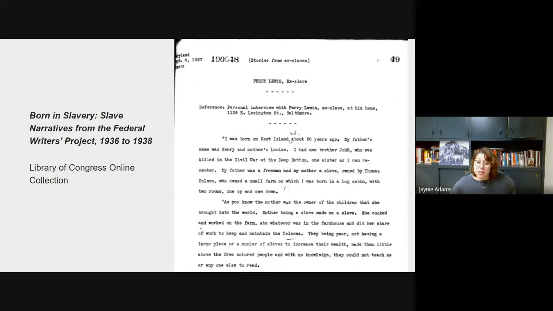So if you're interested in oral history, you should really check out the WPA slave narratives and think about the relationship between the interviewer and the interviewee. All of the interviewers worked for the government. All of the interviewees were formerly enslaved people. So how does that dynamic play out? And how does that shape which stories are or are not told?